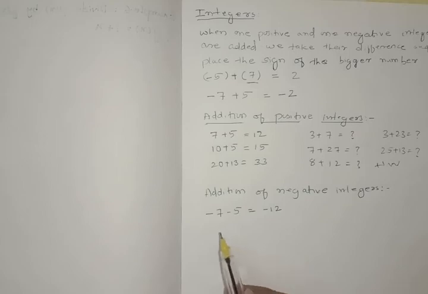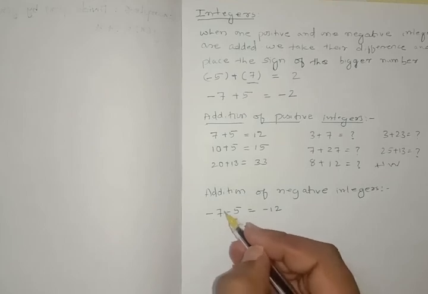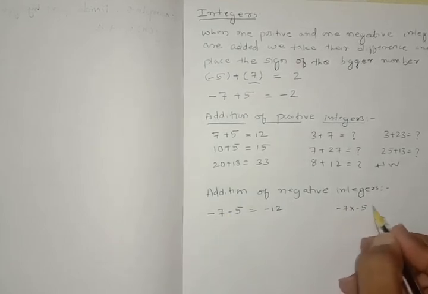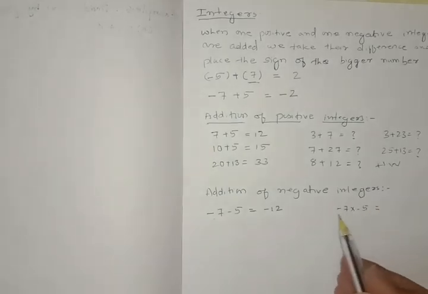Here students make some mistakes. The mistake is, they used to say minus minus plus. That is, minus into minus happens in multiplication of integers. Here we are adding integers. You can multiply if it is like this, minus 7 into minus 5. Minus into minus will become plus.